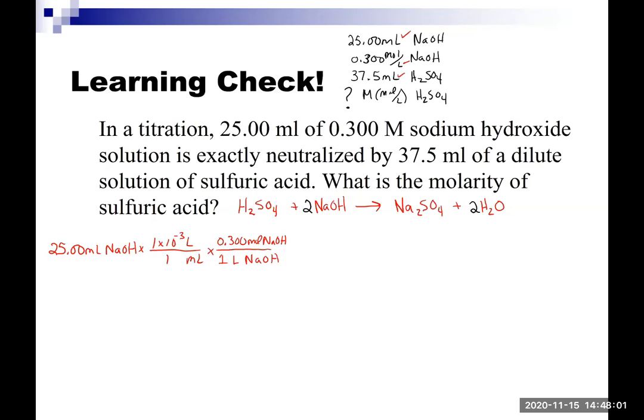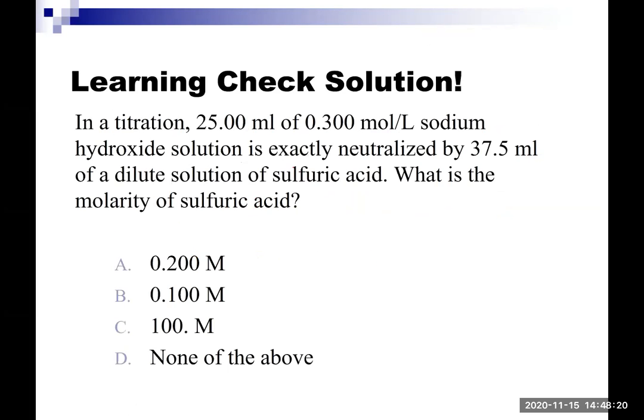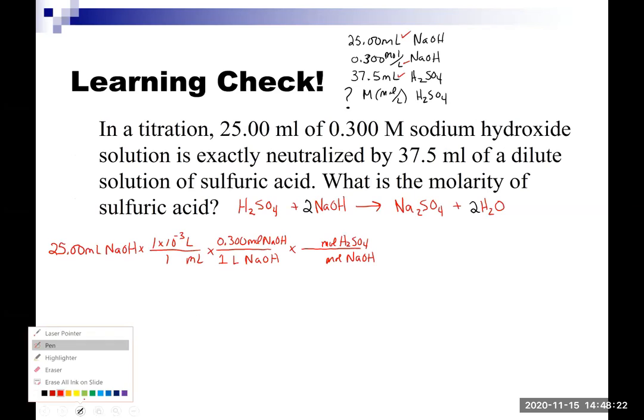And now our liters cancel. We have moles of NaOH, and so we can use our balanced reaction equation to go from moles of NaOH to moles of H2SO4. When we look at the balanced reaction equation, we have 2 moles of sodium hydroxide to 1 mole of H2SO4.